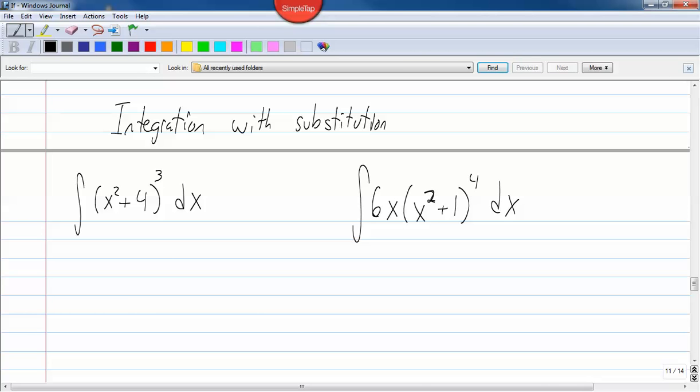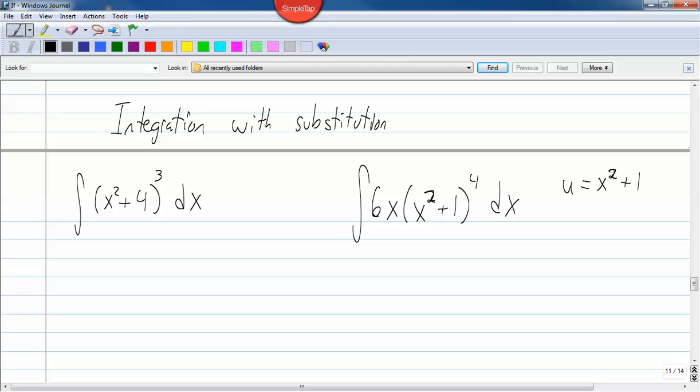A u is going to be something that is of the variable nature that's being raised to a power, maybe in parentheses. It could be something that's under a radical. It could be an entire denominator. It could be a lot of different things. It could be a power. So a u for this problem, I don't have a lot of choices, but one of those choices is to let a variable u be equal to x squared plus 1.